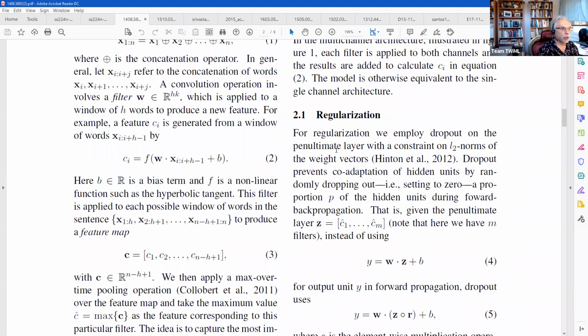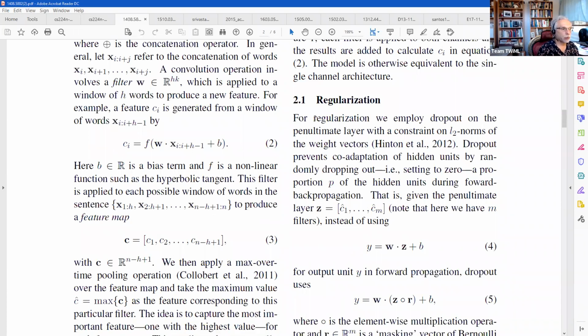So then we talked about dropout, and that's what he uses for regularization. And then he implements another piece that he found in the literature. So there's two ways that he regularizes. One is by employing dropout. We've already seen that. And the second thing is a constraint on the L2 norms, where if the maximum value of the L2 norm is bigger than, in his case, 3, then he sets it equal to 3.